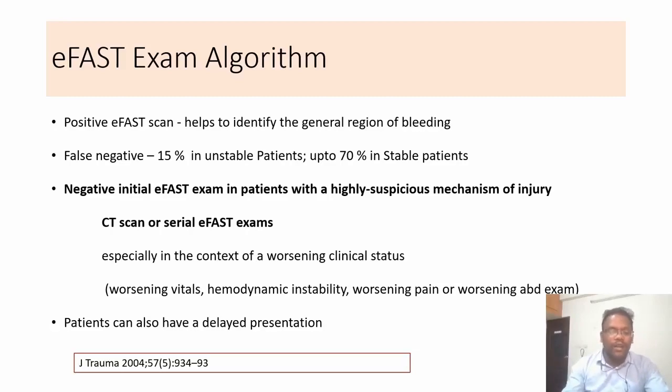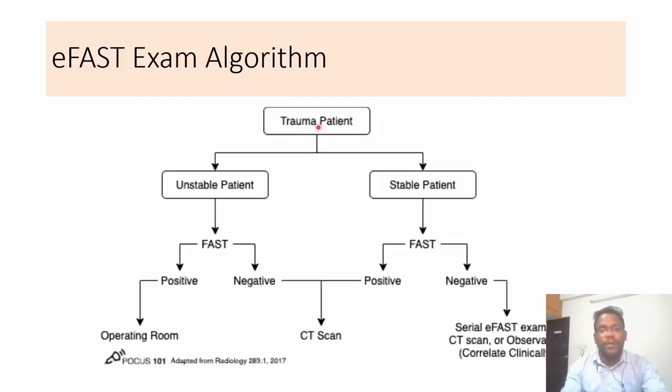So the algorithm is made not to miss the positive cases of trauma. When the trauma patient arrives in the ED, if the patient is clinically unstable, we will be doing the FAST exam, and if the FAST exam is positive, the patient will be shifted to the operating room for damage control surgery. And if the FAST exam is negative, but the patient has a highly suspicious mechanism of injury, the patient will be shifted to the CT room for further evaluation.